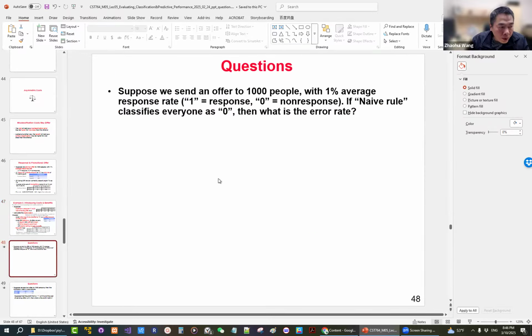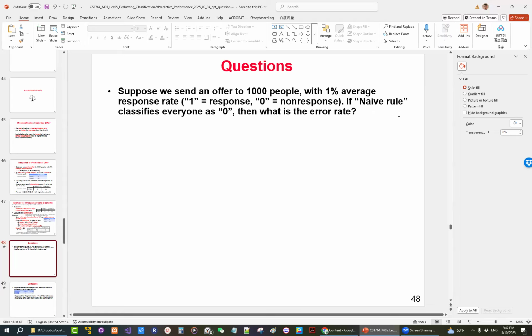Okay, here we have a question. Now suppose we send an offer to 1,000 people with a 1% average response rate. 1 is the response, 0 is non-response. If the naive rule classifies everyone as 0, then what is the error rate?